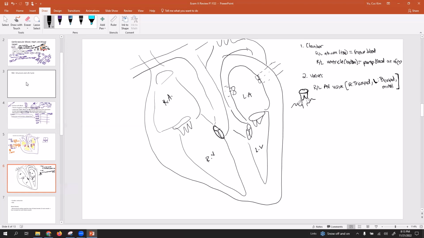Then the other set of valves that we have are the semilunar valves. The semilunar valves are just like their names, half moons. So they look like this. Okay, and that's one here, and there's one here.